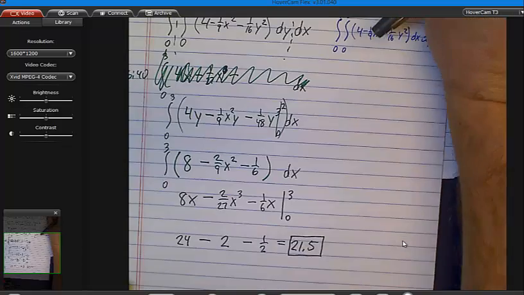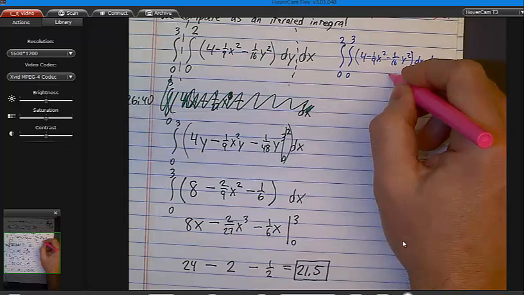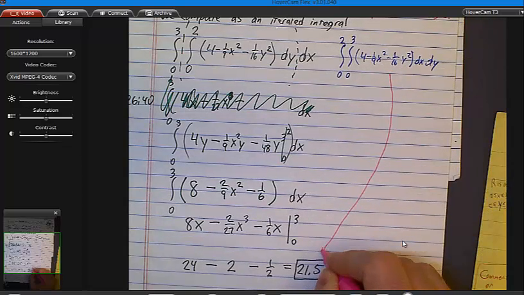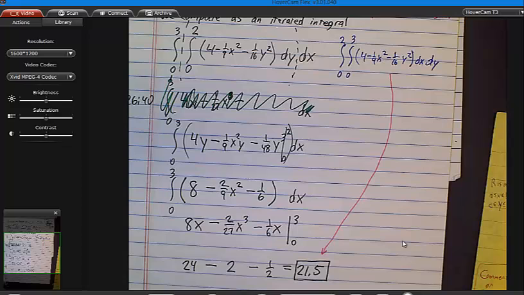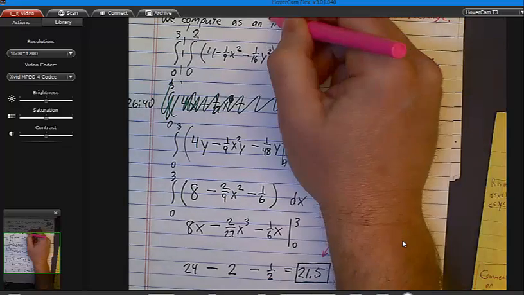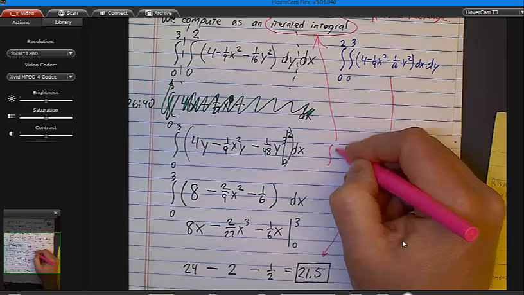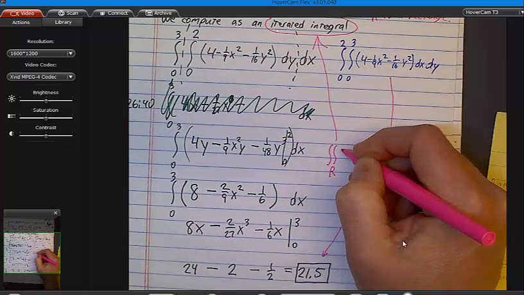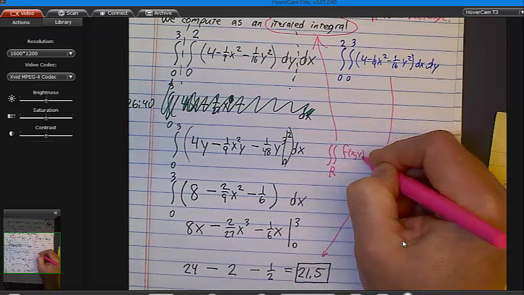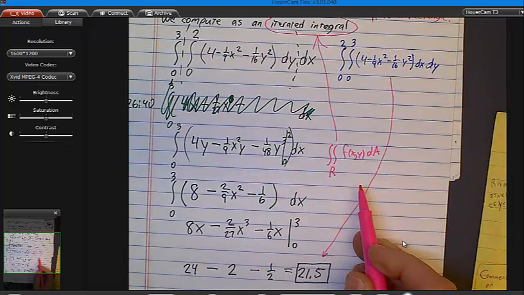Okay? Now, for the sake of time, I will tell you the other way should also give you 21.5. And either way, both ways, the iterated integral gives you the same value that you would get if you actually computed this using limits.